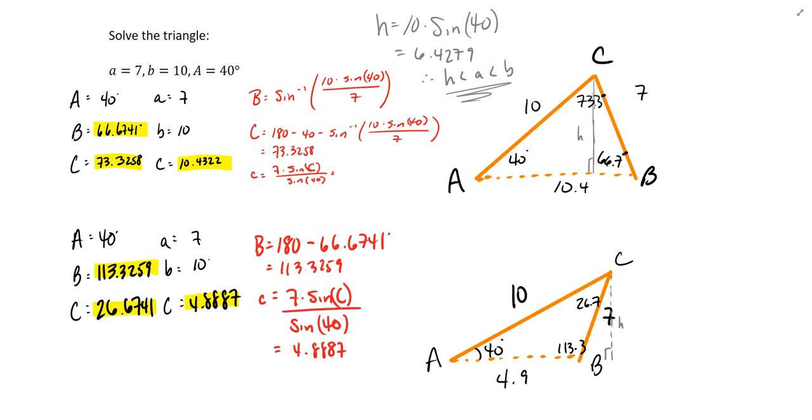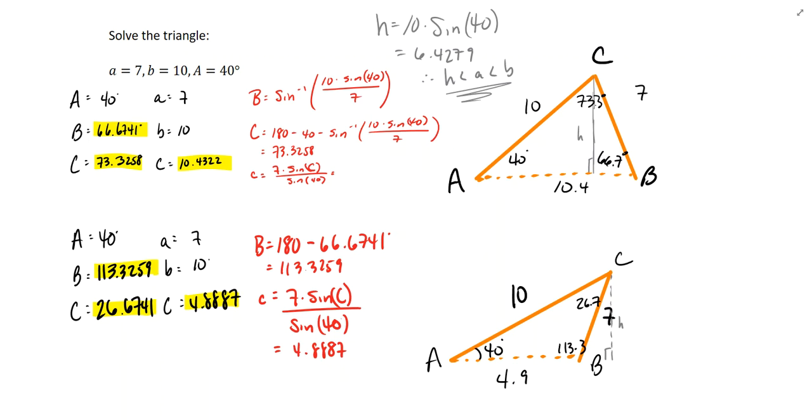So here's the work that I showed to complete this particular example. Again, we're reminded that h is equal to 6.4, which is less than both side length a and b. I took the time here to redraw the diagram a little bit more carefully and oriented it in such a way that the height is measured vertically.